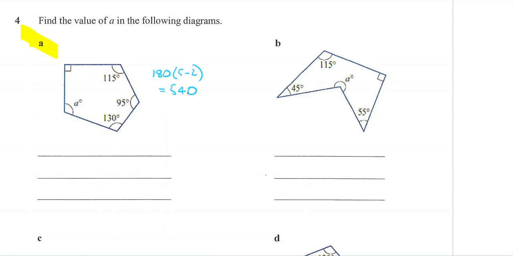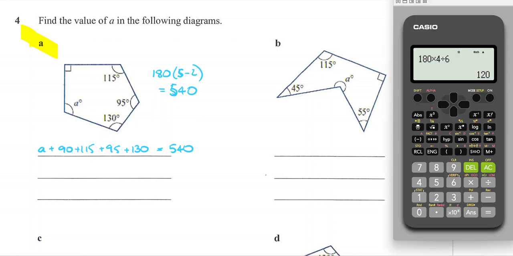Then you make your equation starting with the A. It will be A plus 90 plus 115 plus 95 plus 130 equals 540. Good. Collect up all the like terms.